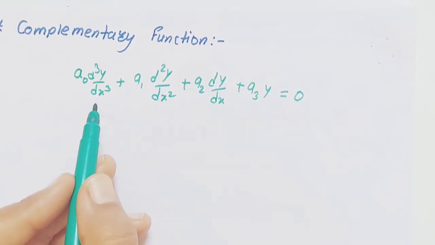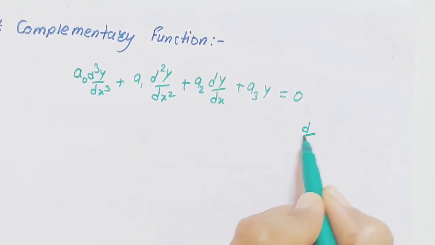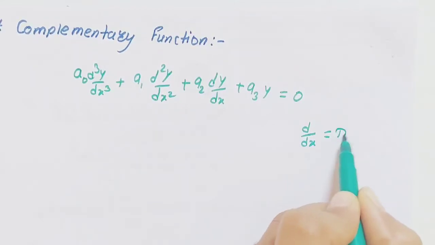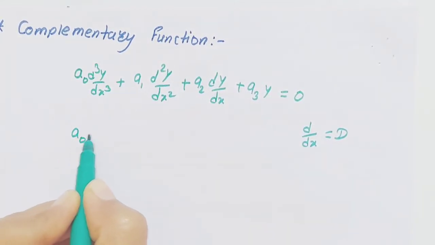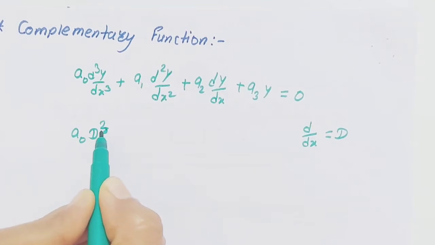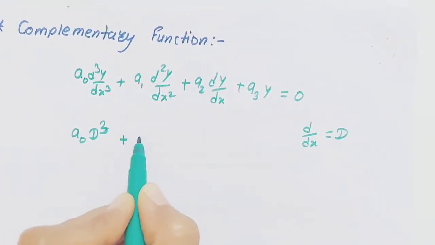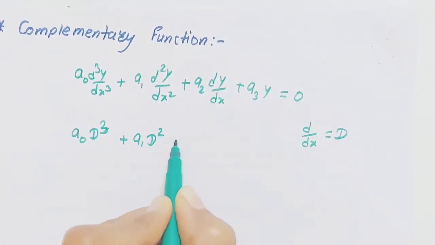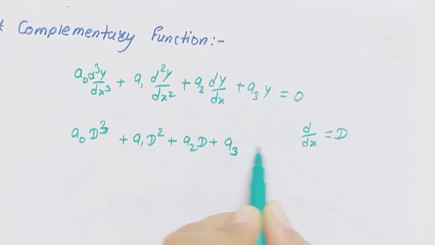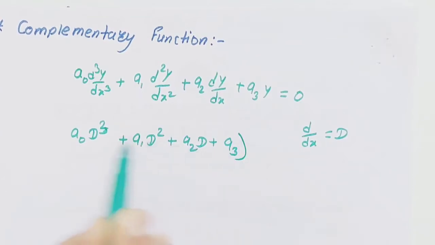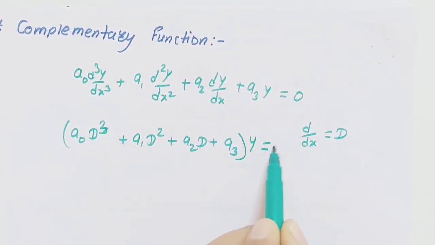Here d by dx, you may write as capital D. Here it is a third derivative, so this equation is a0 D^3 plus a1 D^2 plus a2 D plus a3, and as each term contains y, we can take it outside the bracket.